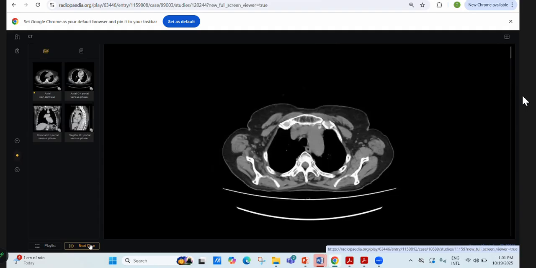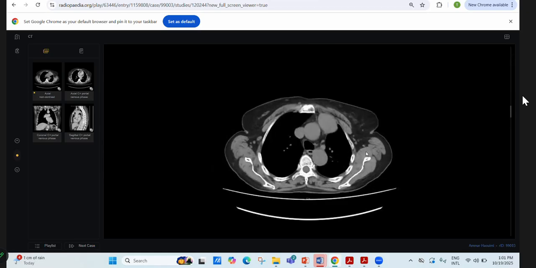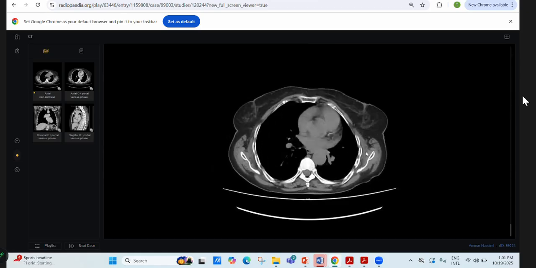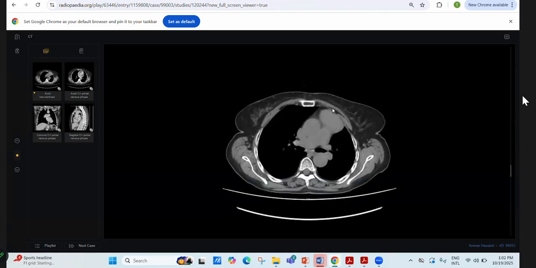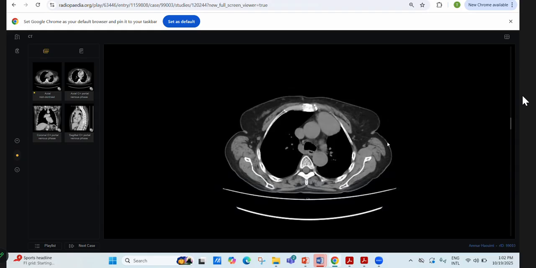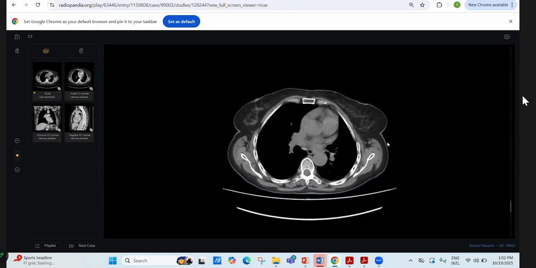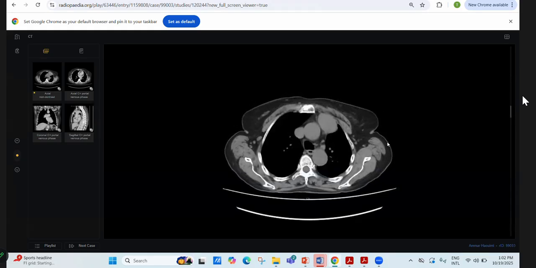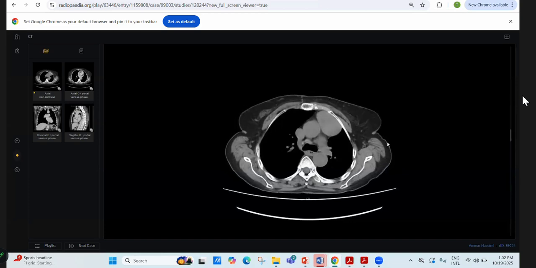Next case. Ma'am, this is a CT chest without contrast. Limited images are provided. I can see that there is an outpouching along the anterior aspect.